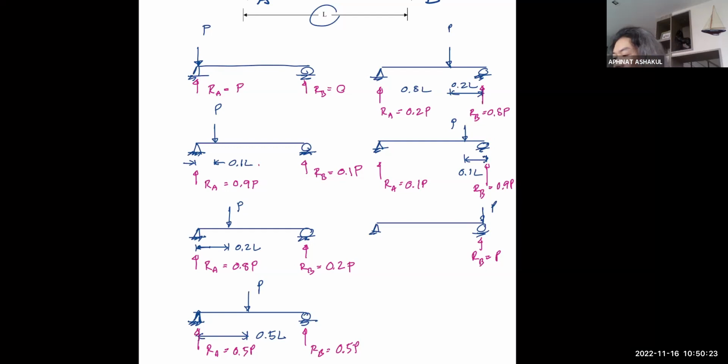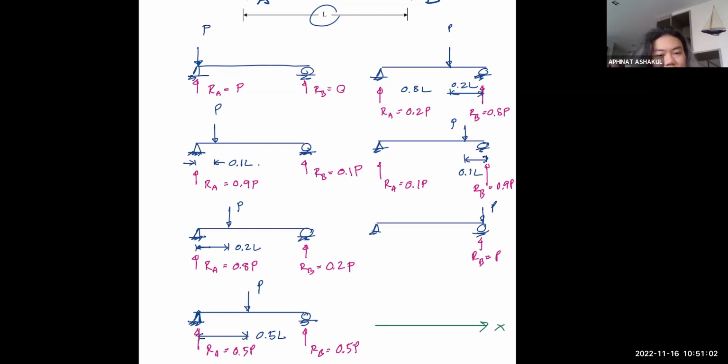And if I try to plot the value of the reaction at A, using the X coordinate as the location of the load and the Y coordinate as the magnitude of RA itself, now you need to switch your paradigm, your perspective, a little bit.